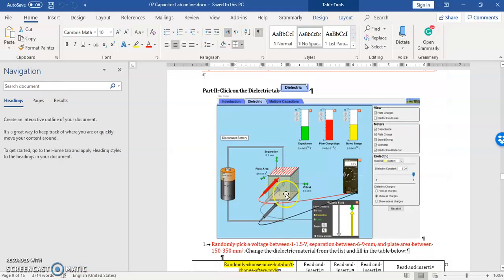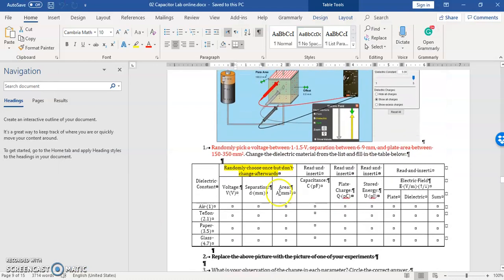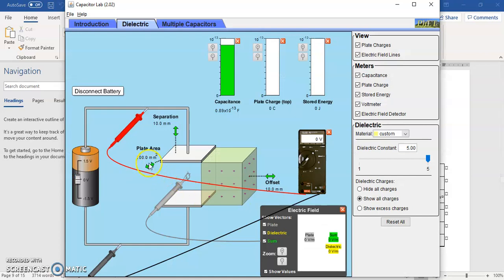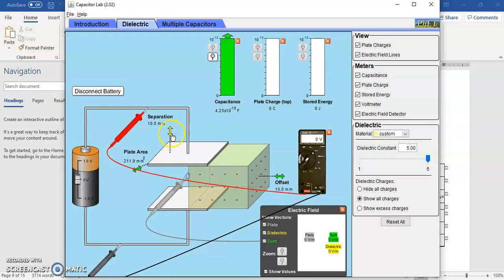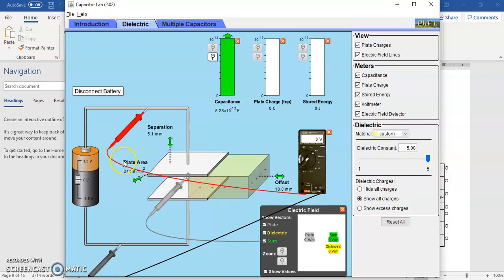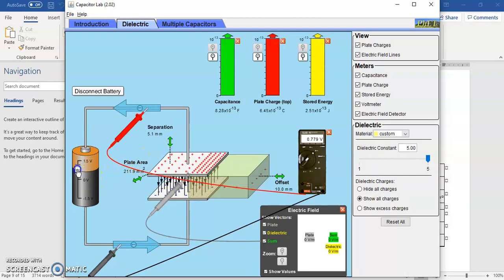All I'm asking here is to randomly choose once, but don't change it afterwards. I mean the voltage, separation, and area. Give it a number; don't leave it as it is. I just give it a voltage.